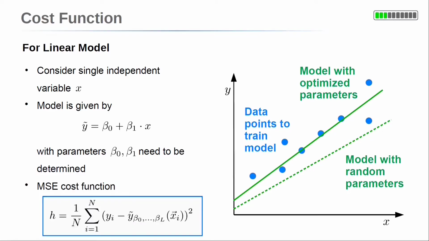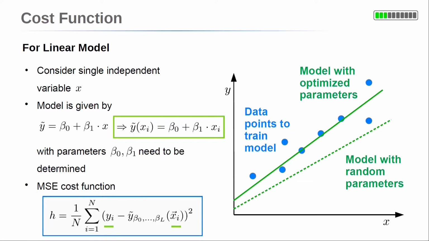The mean squared error takes the squared distances between data and model into account. Thereby, the target's data value yi is used, and it is compared to the corresponding model value at the data point's location xi. So the corresponding model contribution to yi is beta 0 plus beta 1 times xi.